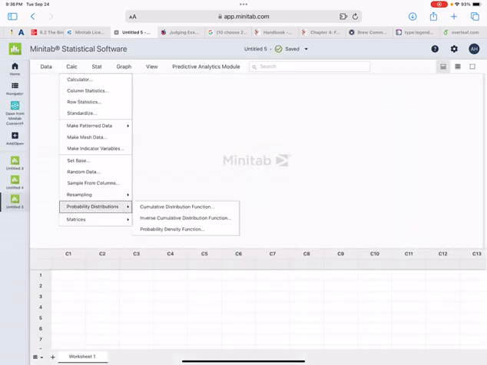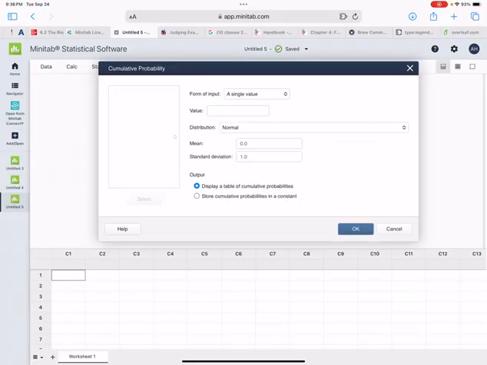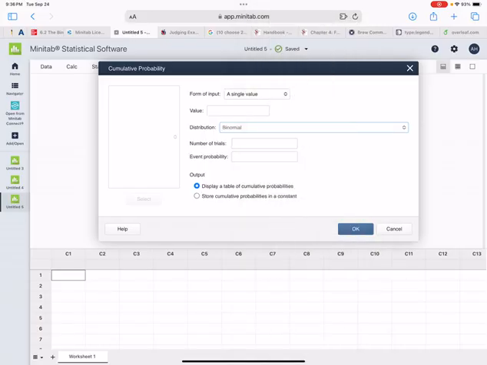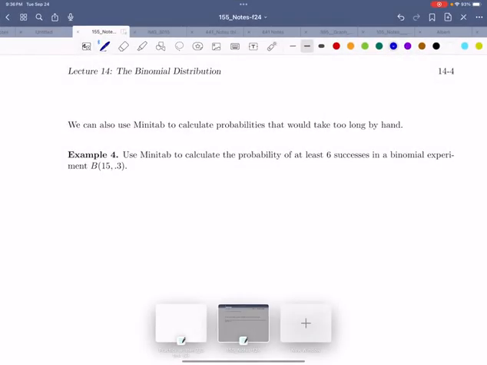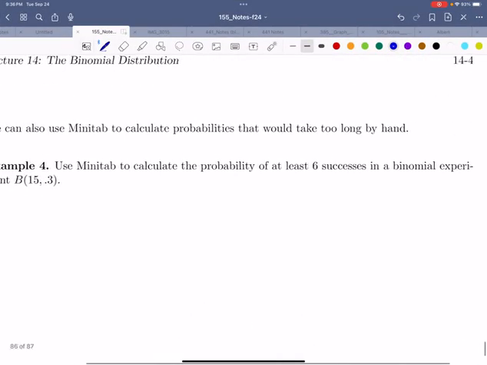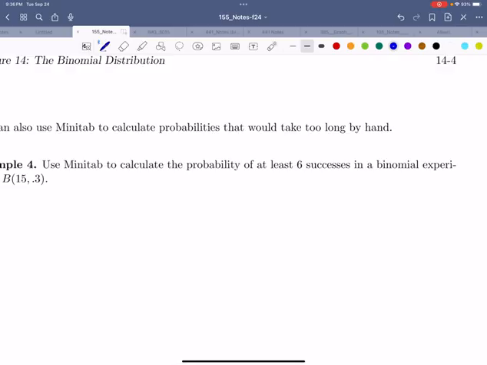Calc, Probability Distributions, Cumulative Distribution Function. Form of input, leave that the same. Distribution, go to binomial. Number of trials was 15. Event probability was 0.3, in case you forgot. 15 and 0.3. Now, we want at least 6 successes.